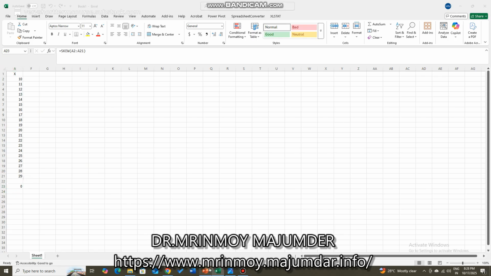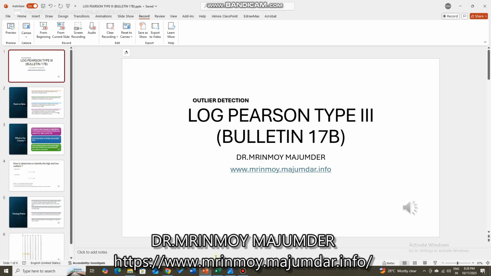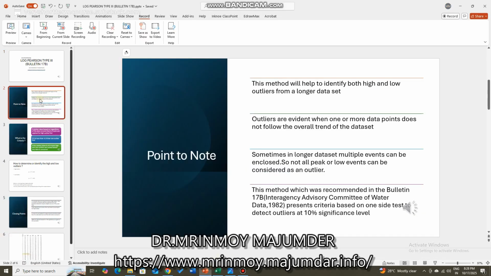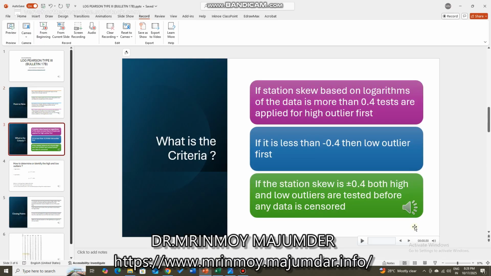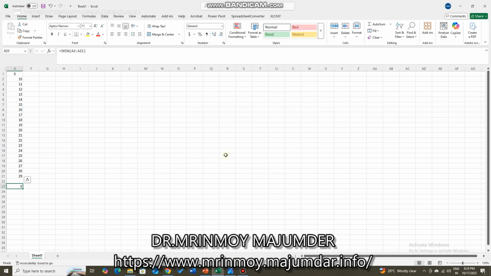So it is within plus minus 0.4, so you can detect the high outlier or low outlier, whichever you want first. I will detect both, but first the high outlier, then the low outlier.